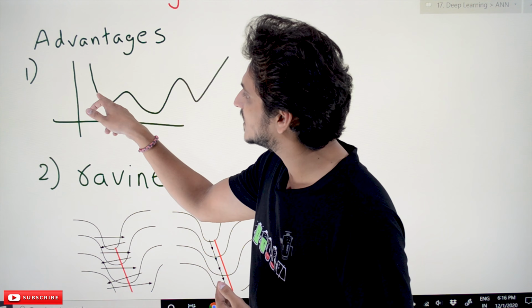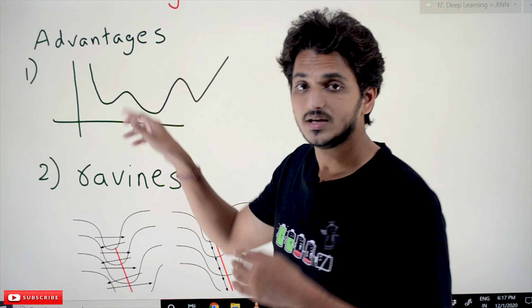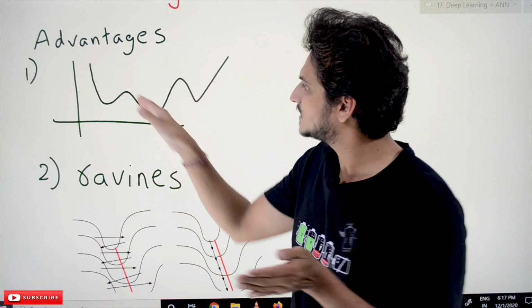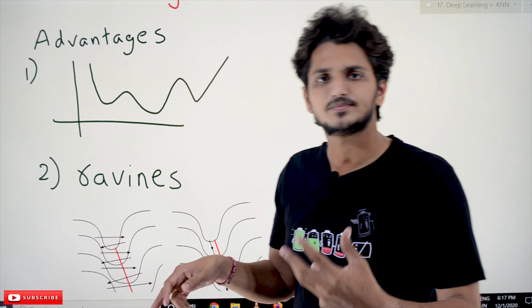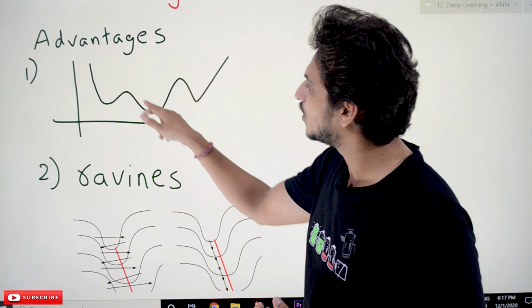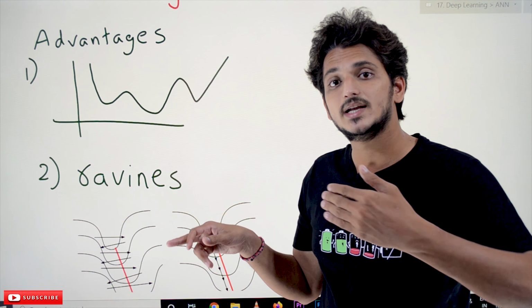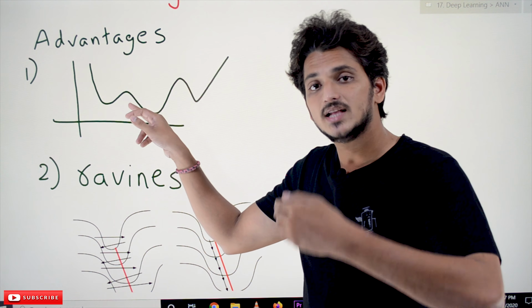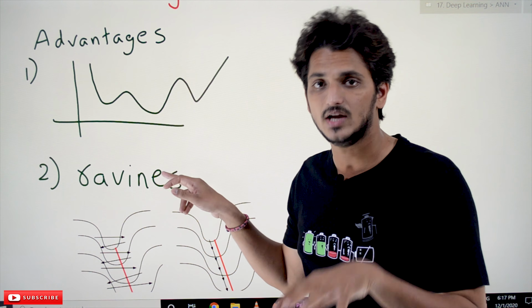There is a chance of jumping from here to this side. If there is a small bump like this, in a non-convex function, there is a chance of moving towards the global minima. Because of this added momentum, we take a long jump, and there is a chance of moving towards the next global minima. That is one of the advantages.